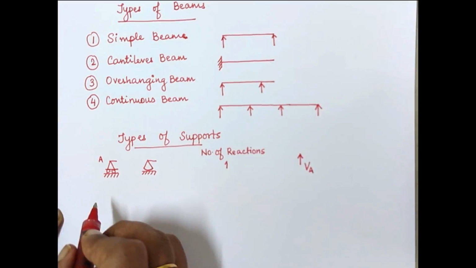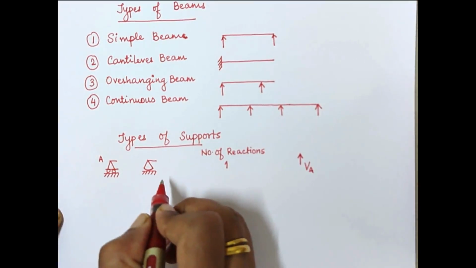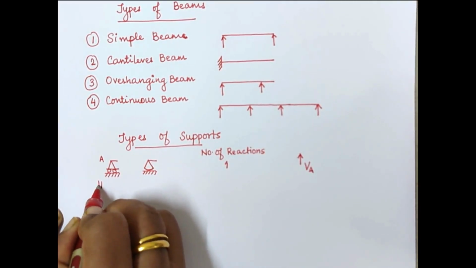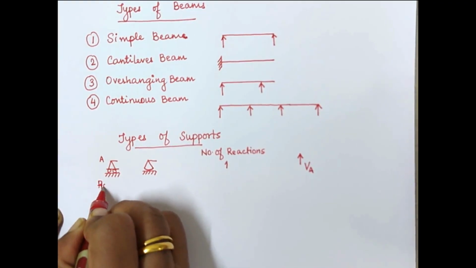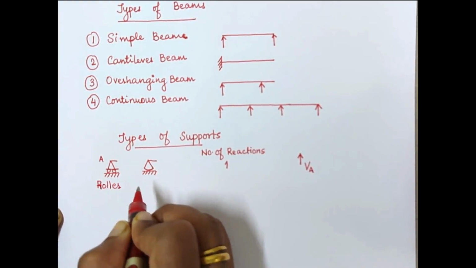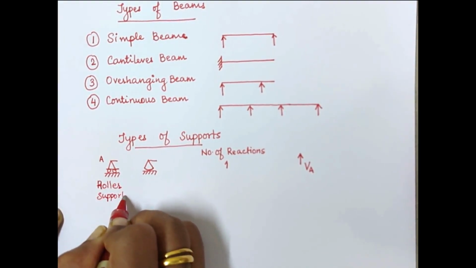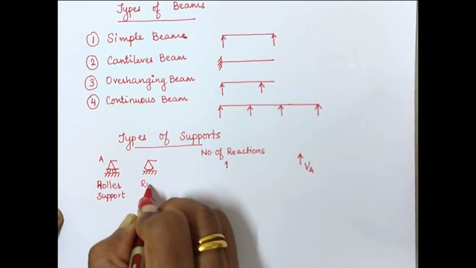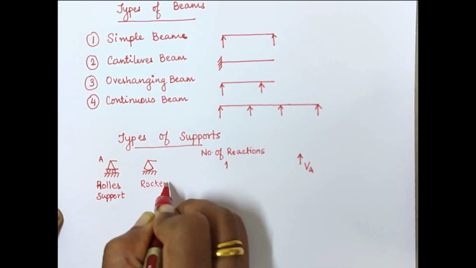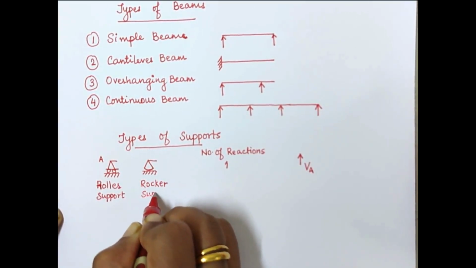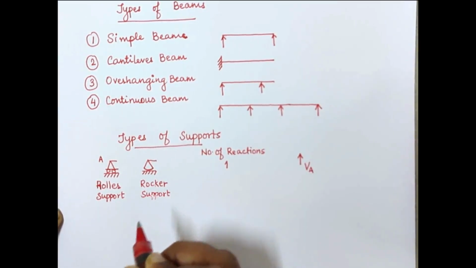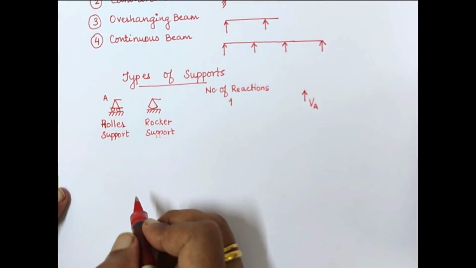Now, let's go ahead with the second type of support. This particular thing, as I told you, is known as a roller support. And this is known as a rocker support. Let's go ahead with the second support.